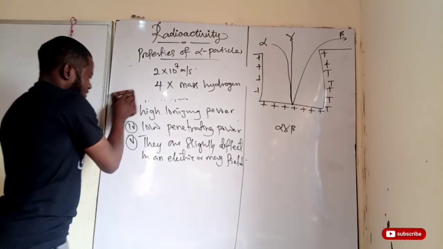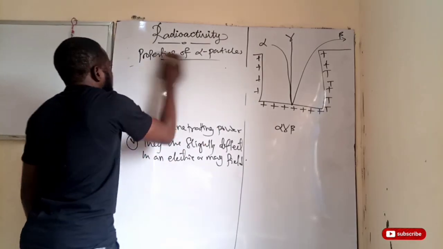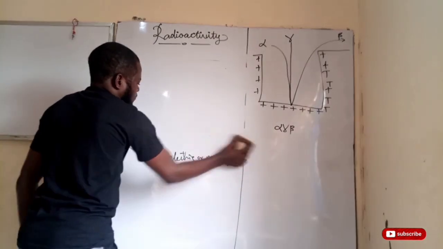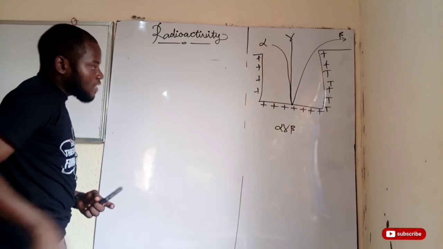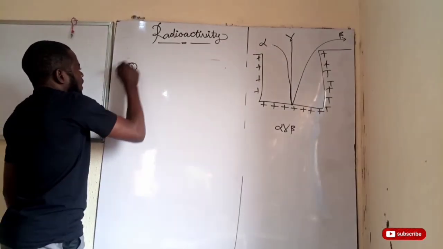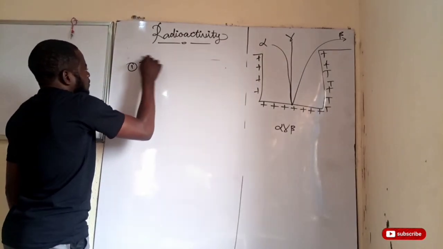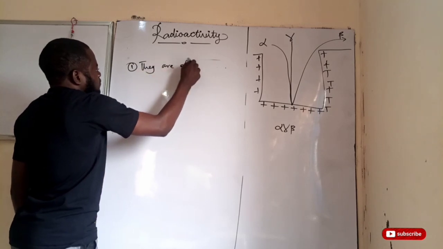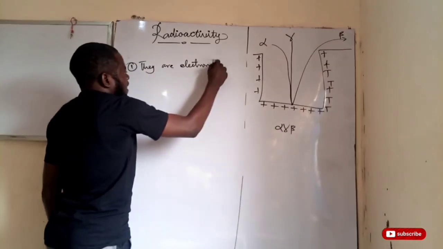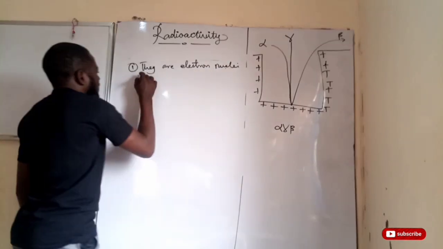Thank you. Okay, if that should be the case, let's look at the properties of the beta particles. When you talk about the properties of beta particles, one, they are electrons in nature.